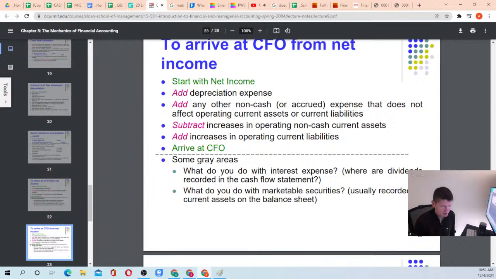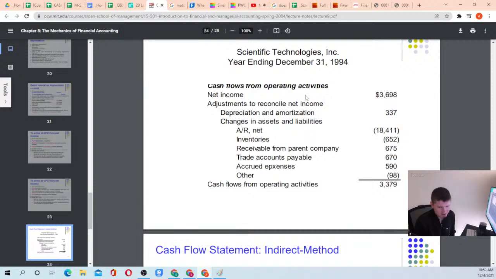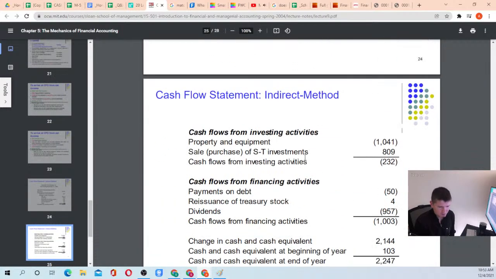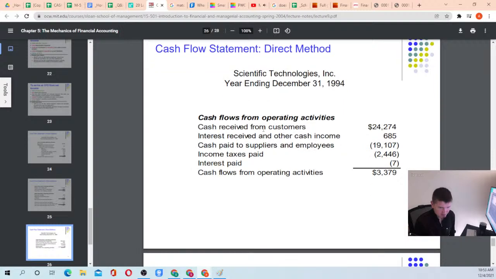Start with net income, add depreciation, subtract increases in operating non-cash current assets, add increases in current liabilities, add any non-cash expense. That's an example. So we start with net income, we adjust for depreciation, and we adjust for changes in accounts receivable and inventories. So we will practice that in our next lecture.